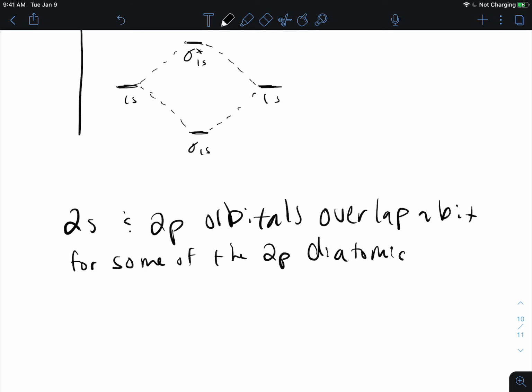Okay? So when that occurs, when sigma 2s overlaps with sigma 2p, the already formed orbitals, this interaction causes energy splitting.